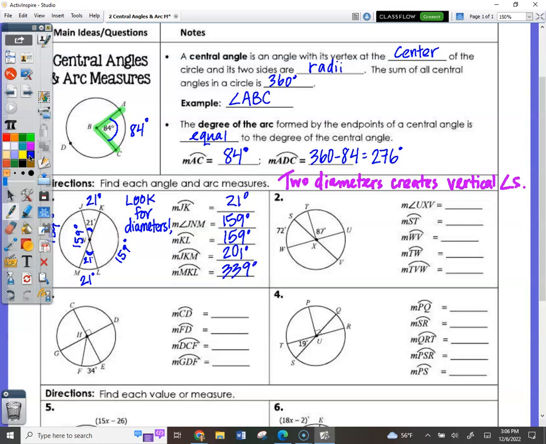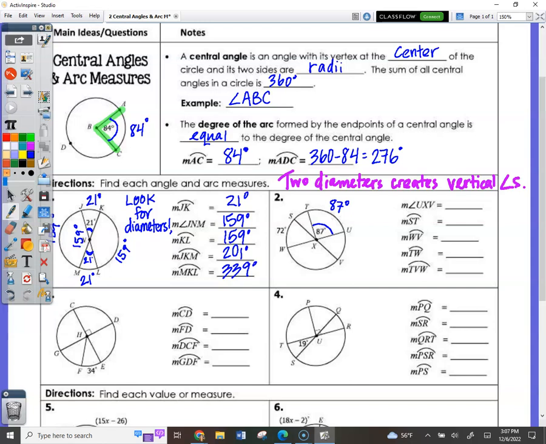So always start with what you know and then label what you can. So here is 87, which means think of a piece of cake, go to the icing's edge. Then from here to here, T to U would also be 87. I know this arc here is 72. Be careful. Make sure it matches up with a piece of cake.